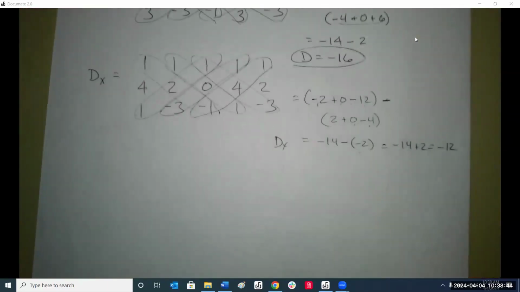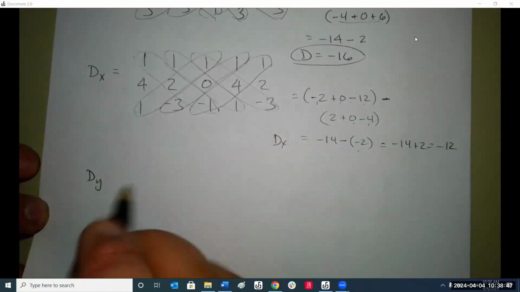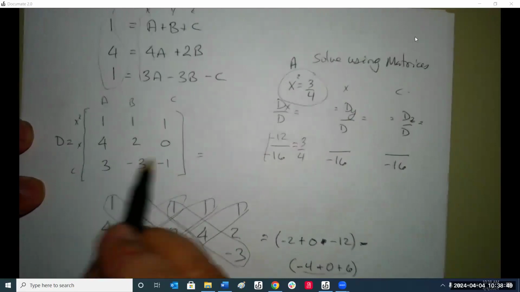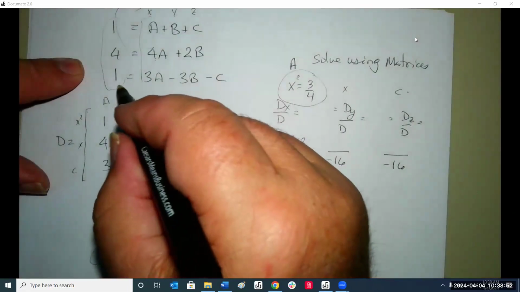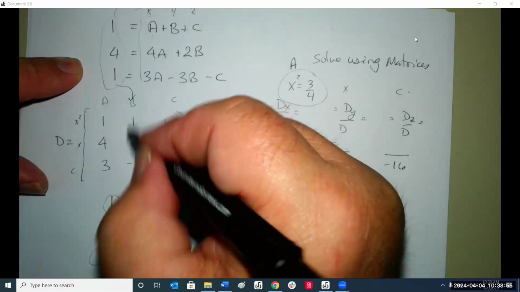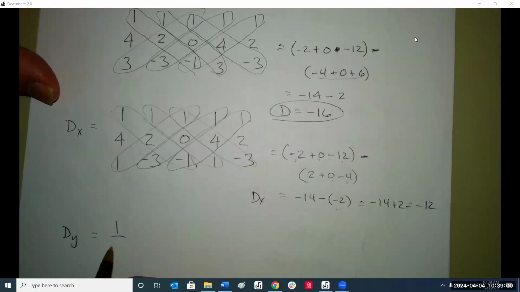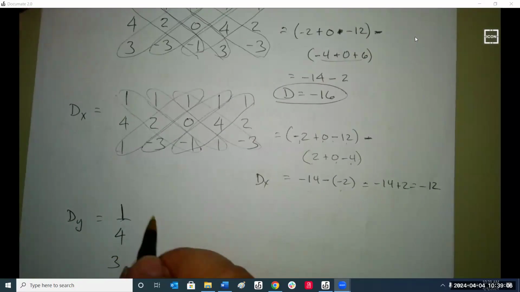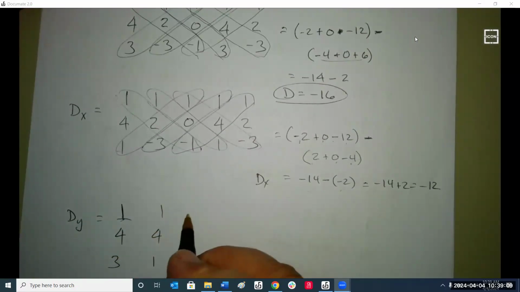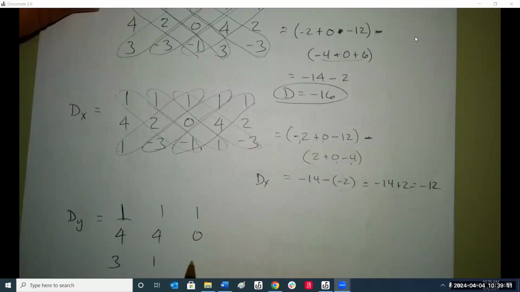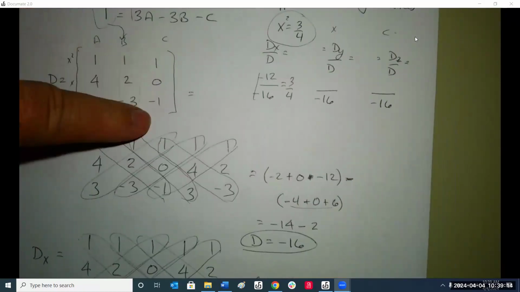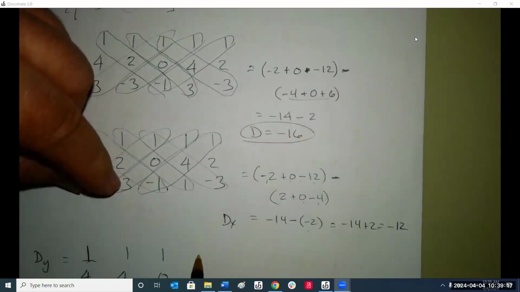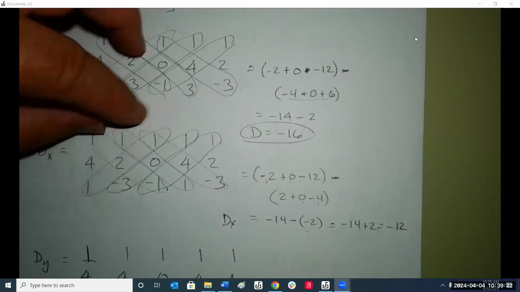Do the same thing. For my dy, here's my x, y, and z. So now for the dy, I take the answers and put them in the second column. So I got a 1, 1, 4, 3. Now the answers are 1, 4, 1. And then the last column, 1, 0, -1. Copy over the first two, 1, 4, 3, 1, 4, 1.